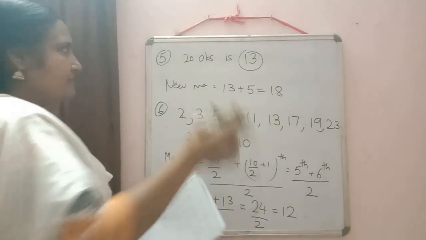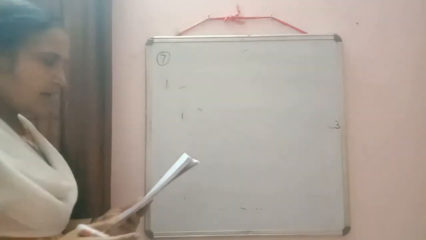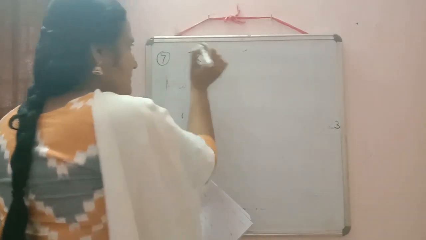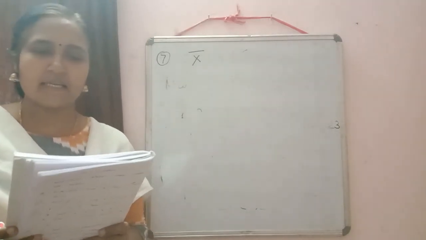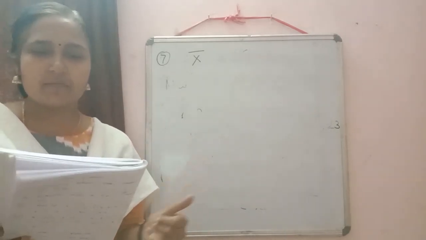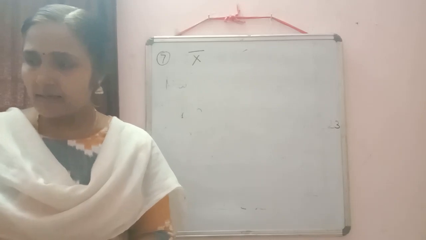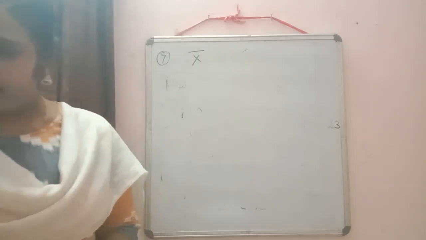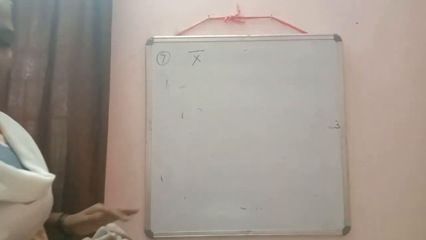All of you write down the next question. Question number 7. Mean of n observations is x bar.